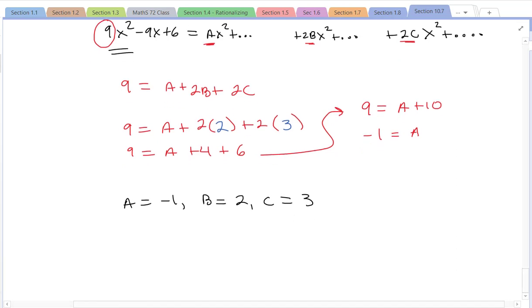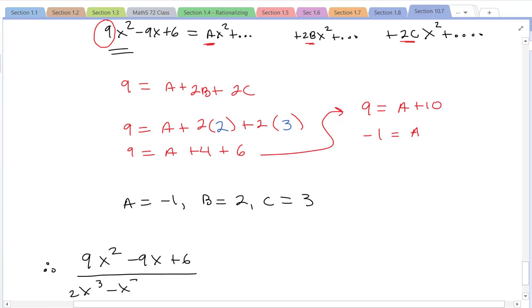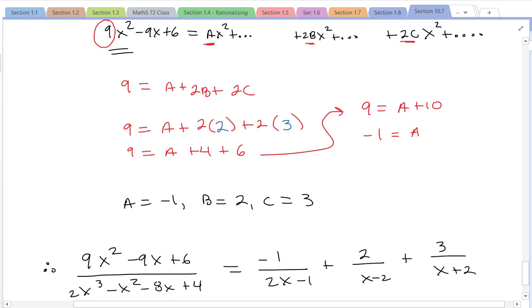And therefore, we can write the partial fraction decomposition. Our original problem was 9x squared minus 9x plus 6 divided by 2x cubed minus x squared minus 8x plus 4. Now I can say this came from the fraction -1 over 2x minus 1, plus b, so 2 over x minus 2, plus c over x plus 2, so c is 3, so 3 over x plus 2.